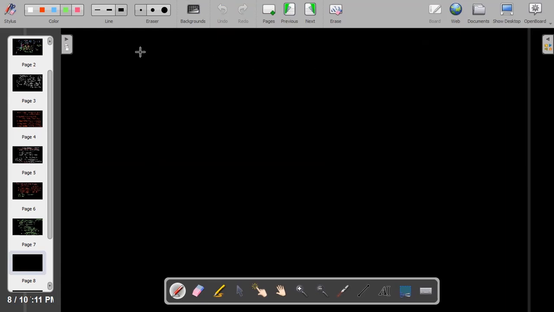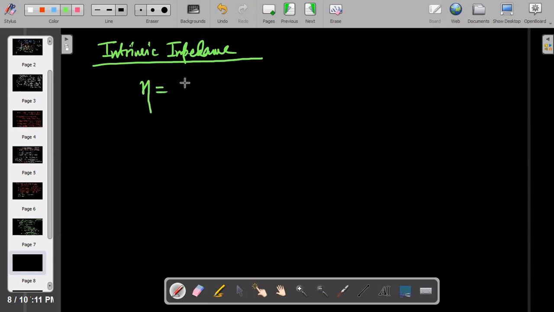First one, if you got all this, alpha and beta, next is intrinsic impedance. Intrinsic impedance is represented by eta, equal to root over this thing you need to remember, j omega mu divided by sigma plus j omega epsilon.